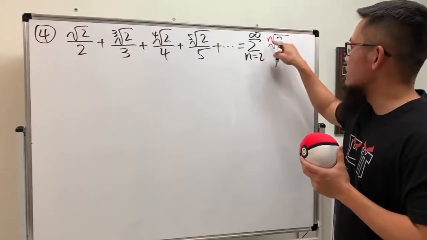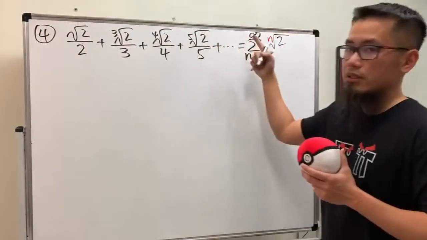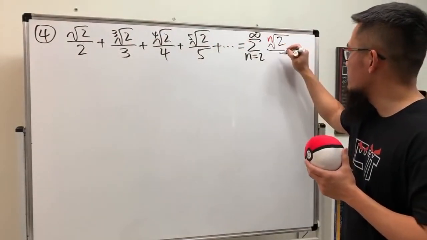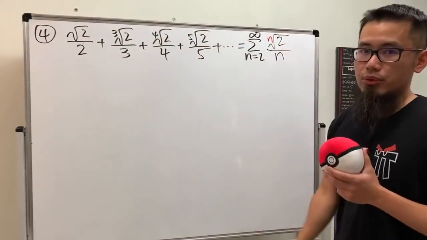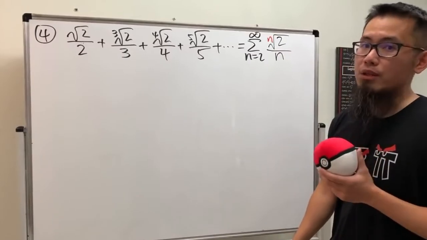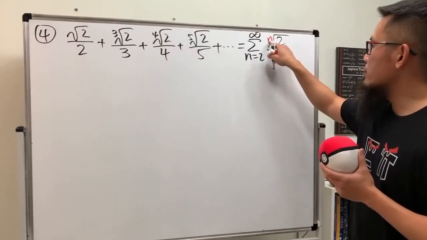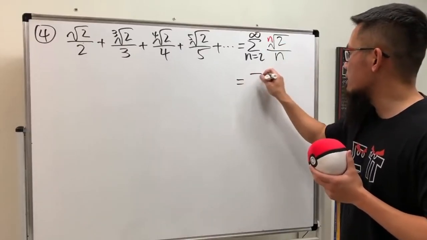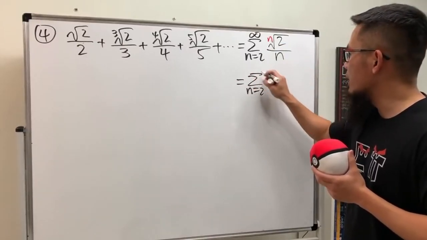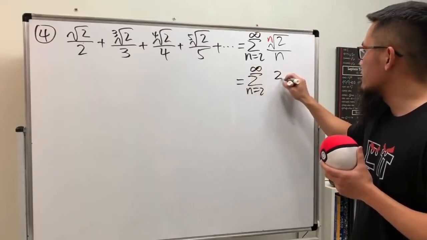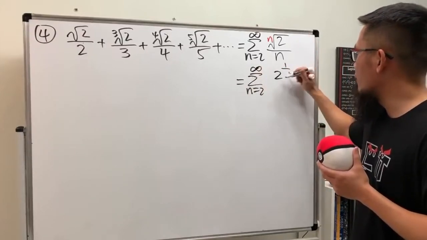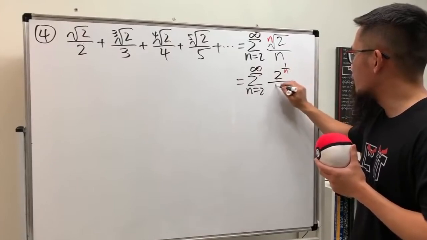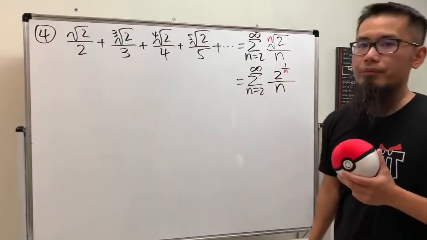The first one is 2, and then 3, 4, 5, and so on. And then the bottom is also n. So that's pretty much it. And we know in calculus, we almost always look at the radicals as fractional powers. So let's write this down as the sum as n goes from 2 to infinity of 2 to the 1 over n's power, over n, like so.